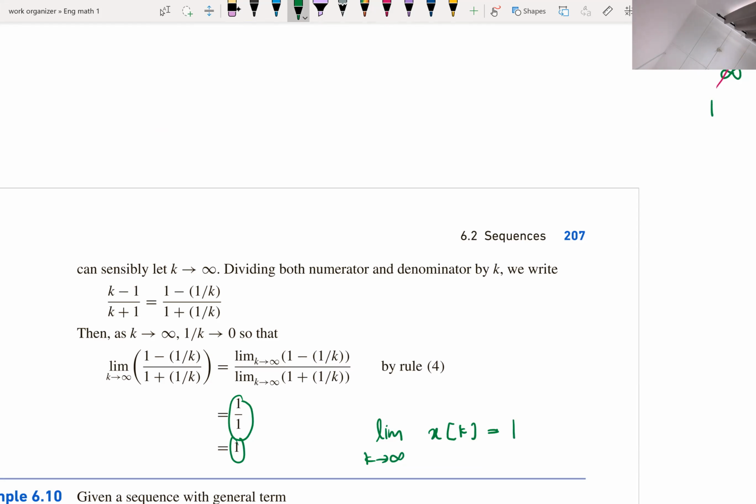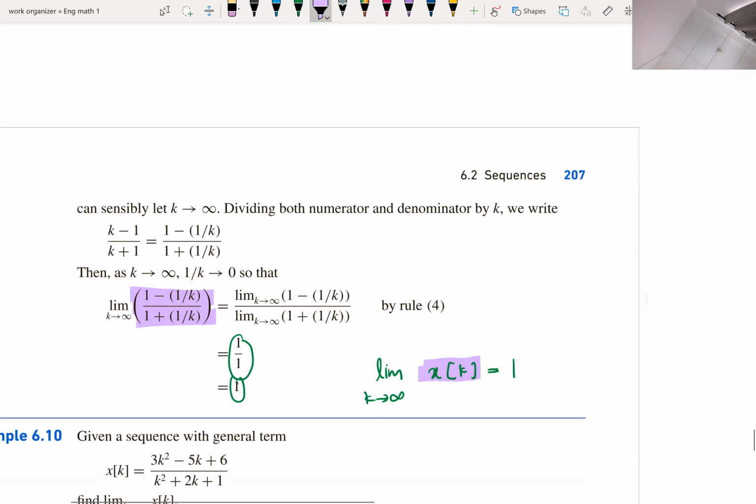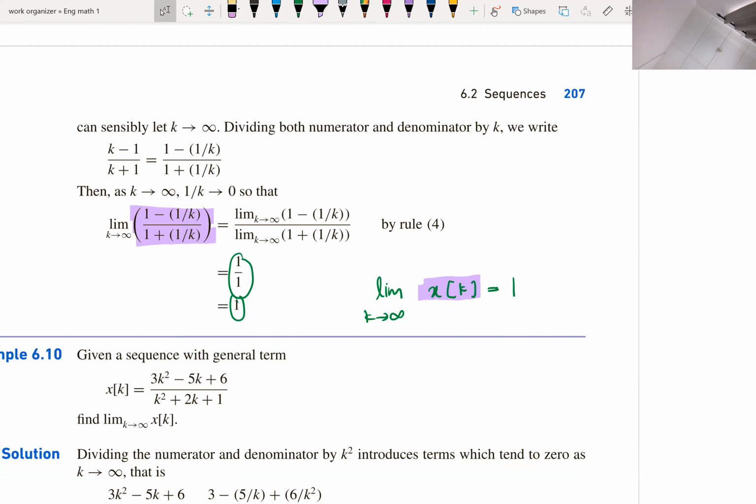Here you can write the simplified function, or you can also write the full function. It's up to you. Both are correct ways of writing the limit.